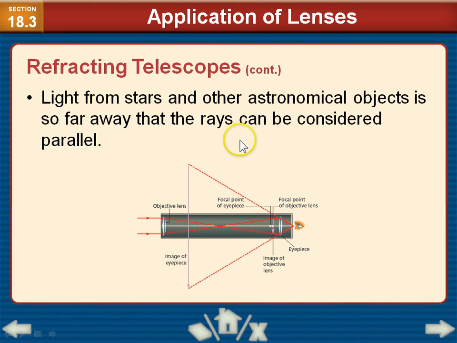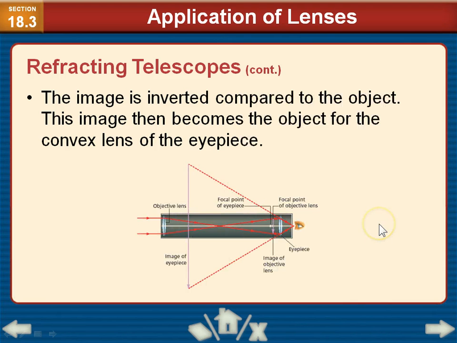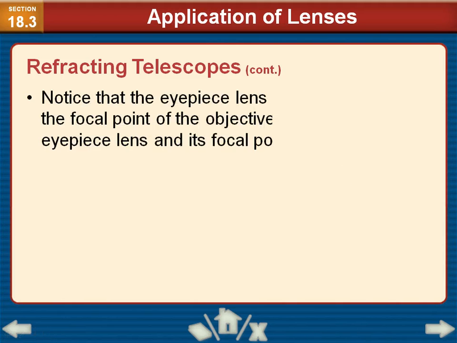The light is so far away that we can basically consider these rays to be coming in parallel, and so the lens works. Again, we get an inverted image, but that's fine when we're looking at stars and everything. We really don't care whether it's inverted or not.